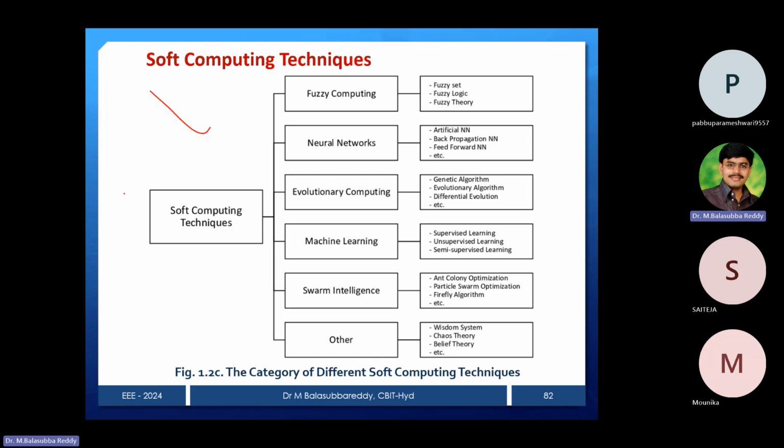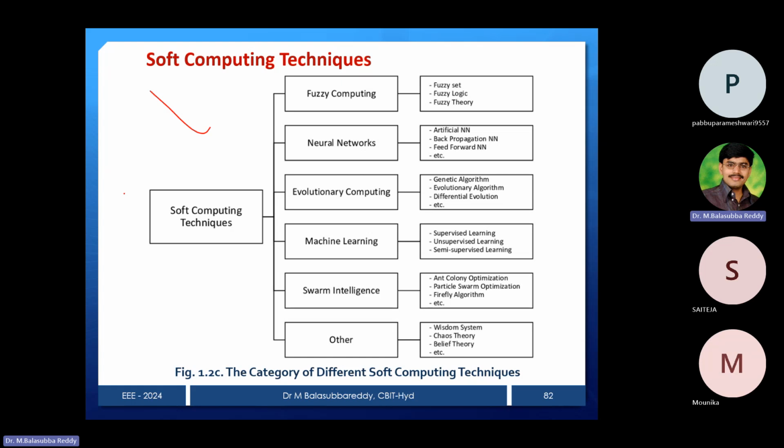In turn, we are going to use some more equations to get the fuzzy computing. Another one is neural networks. Neural network again divides into artificial neural network, recurrent neural network, back propagation, and feed forward neural network. Like that, we may have different kinds of neural networks. All come under soft computing techniques only.